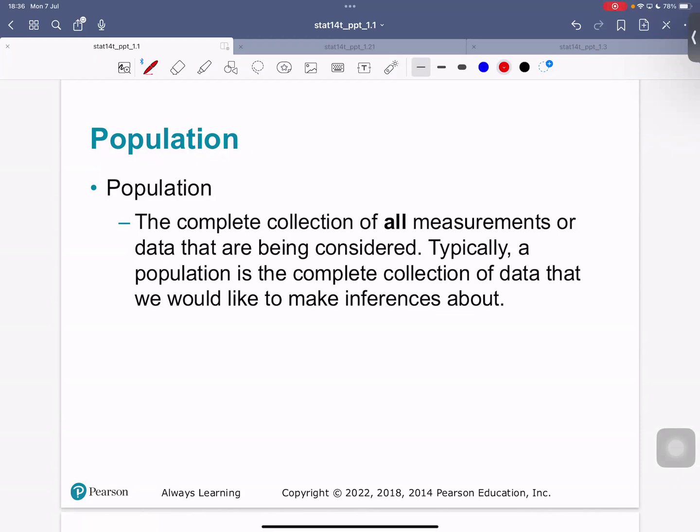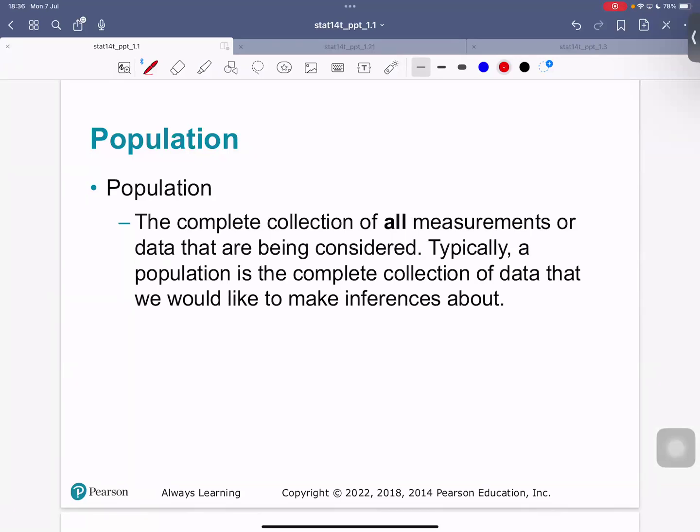If I give you an example, a school, let's say a national university, wants to know the average number of hours students sleep per night, then the population here we can consider all, let's assume, 2,000 students enrolled at this school, right? So the population here is all 2,000 students at National University.